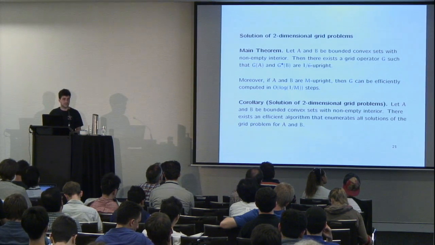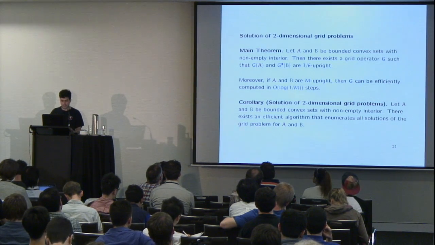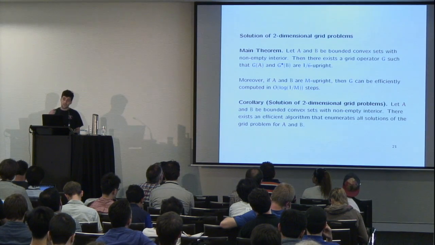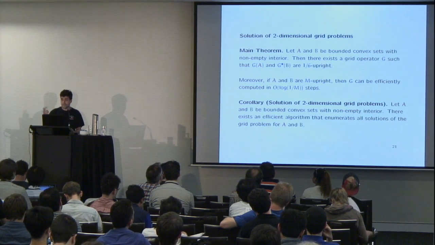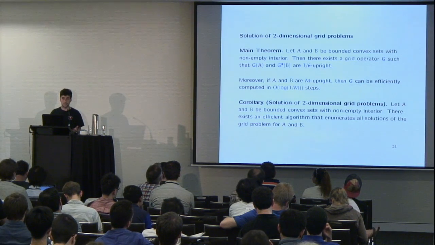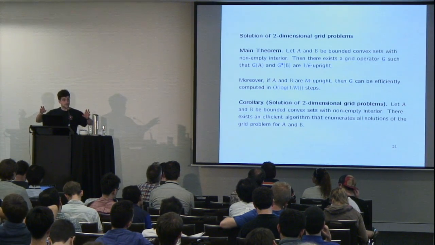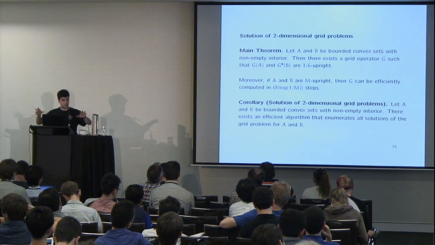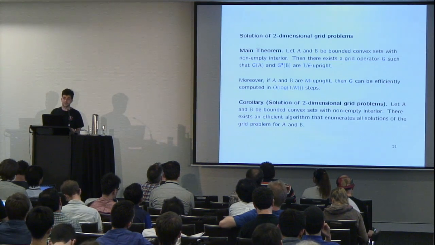It's some crazy case distinction, but you can prove that this is the case. And then from this theorem, you get as a corollary that there is a solution to two-dimensional grid problems. Namely, you'll make the sets upright, and then solve those problems, and then map your solutions back. Okay?